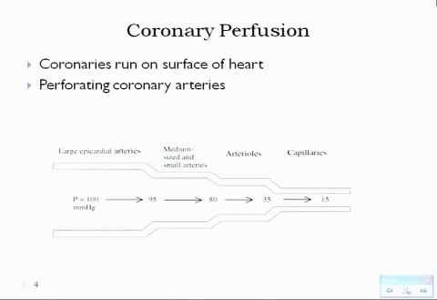What do you always see? You always see an artery coming into the organ, and then it penetrates into the organ. The coronaries are very different. It's one of the only organ systems where the major arteries are actually running on the surface of the organ, which is kind of unique, okay?